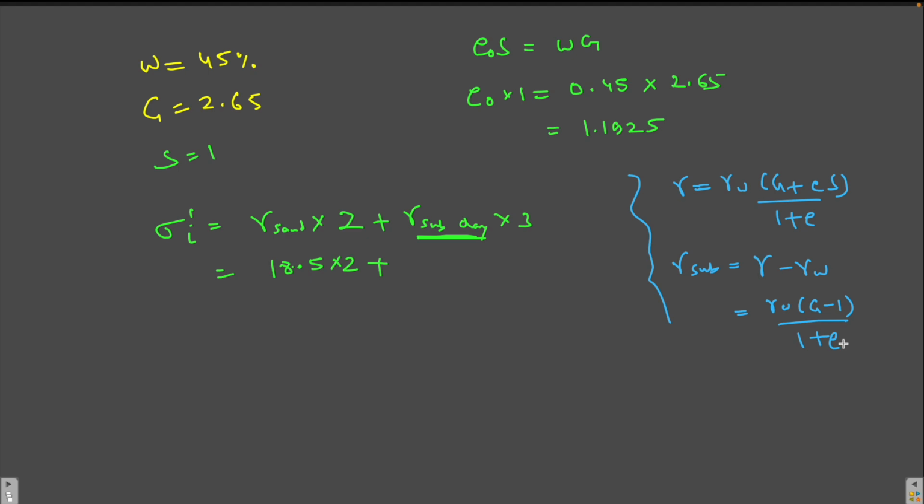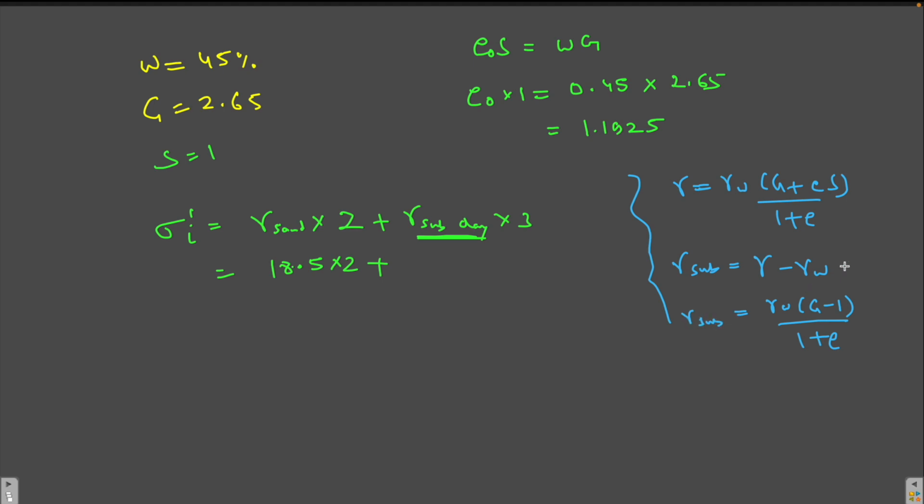Most of us tend to forget this one. So gamma submerged is gamma W (G minus 1) by (1 plus e). So first of all, we have to find out the gamma submerged of the clay in order to find out this initial effective stress. So let's find out gamma submerged.